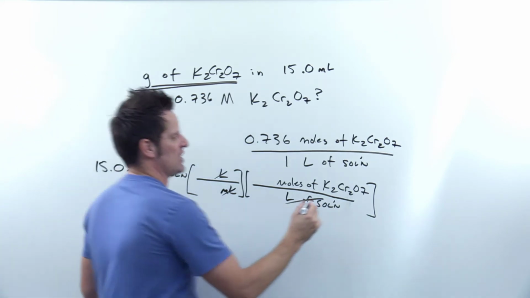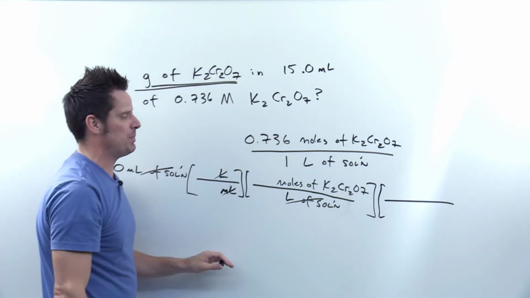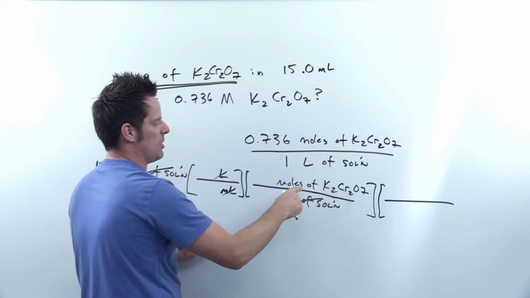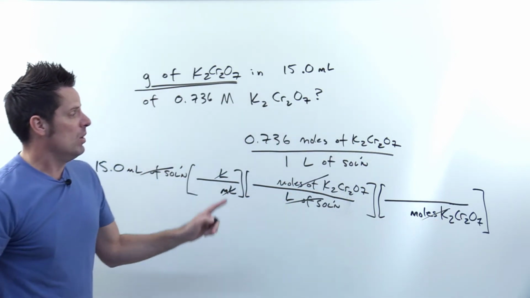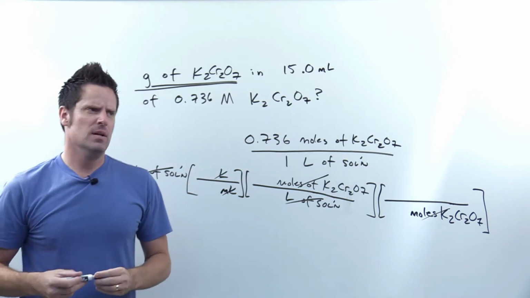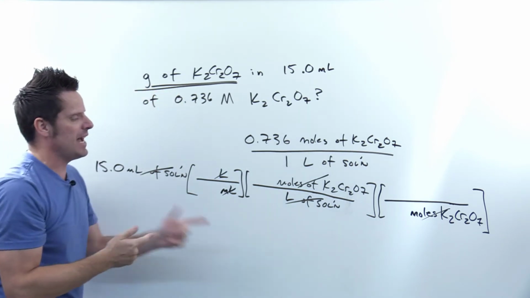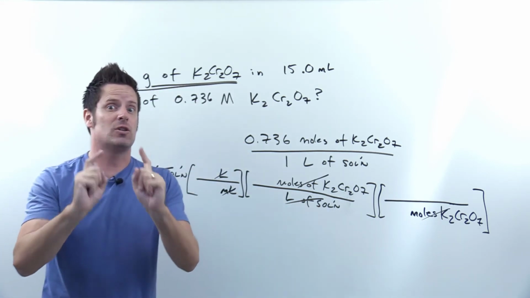I have to lay down another set of parentheses. What will my units in the denominator of this set of parentheses be? The same as the units in the numerator of the previous term, moles of this compound, so that they cancel each other out. Now, what do I put in the numerator there? Well, I want to get to grams of this thing. Can you directly relate a mole of this thing to grams of that thing? You can.